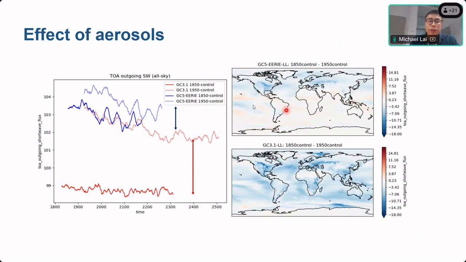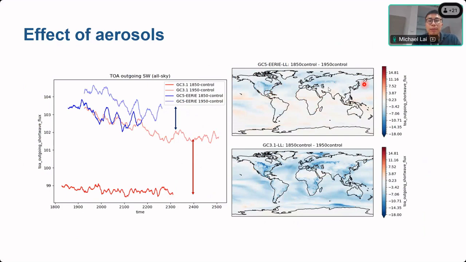The top right panel shows the pattern of top of atmosphere outgoing shortwave in a GC5 EERIE run. Basically the difference between the two blue lines, this arrow, is the pattern here, and the difference between the red lines is the pattern at the bottom right. What the pattern at the top right shows is the pattern you would expect for the 1850 and 1950 outgoing shortwave to look like.